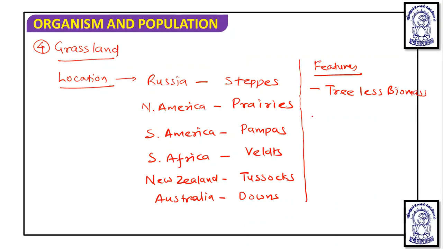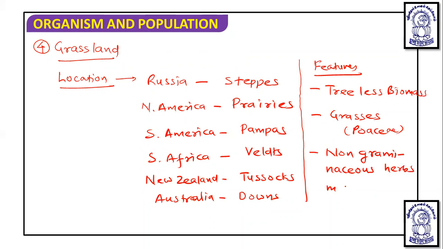Because in this biome, grasses of the Poaceae family predominate. And non-gramineous herbs, which means those not belonging to the grass family, are also included, mostly legumes. Okay, so this is what a grassland is, a tree-less biome. That is the most favorite question they ask from this part.